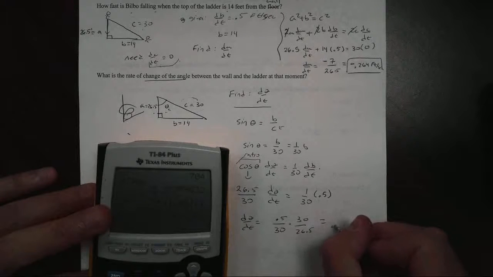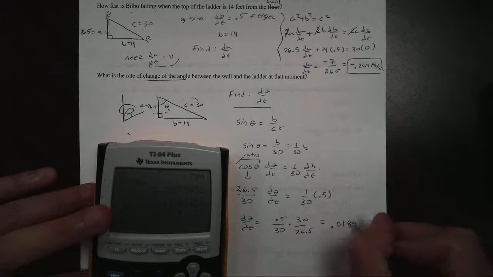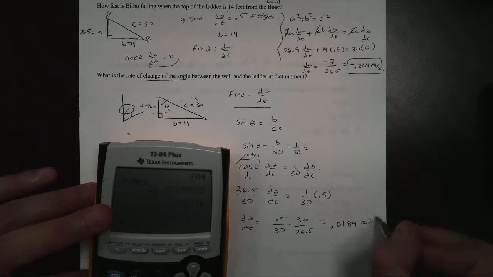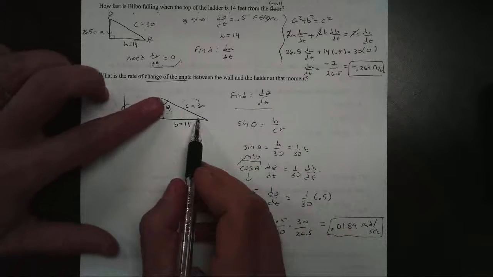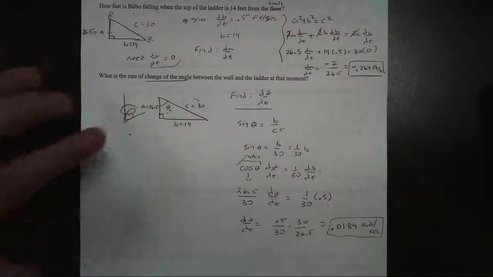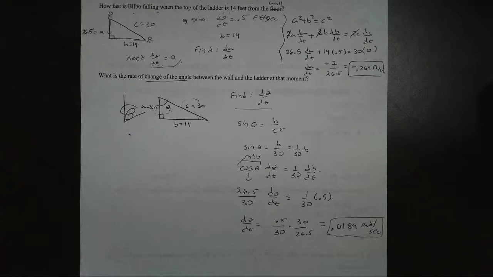And I get 0.0189, and the answer is always going to be in radians. We're calculus, radians per second. And it's positive, and it should be positive, because if I'm pulling the ladder away, that angle is getting bigger and bigger and bigger. So that's that change of angle problem.